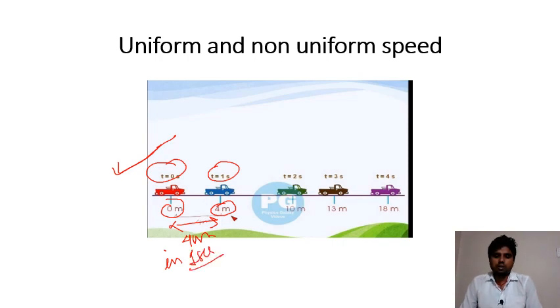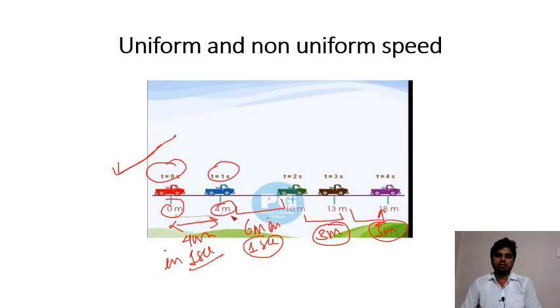In the next 1 second it has traveled 6 meter, in the next 1 second it has traveled 3 meter, and in the next 1 second it has traveled 5 meter. So see, at every equal timing, the distance covered by the car is different.